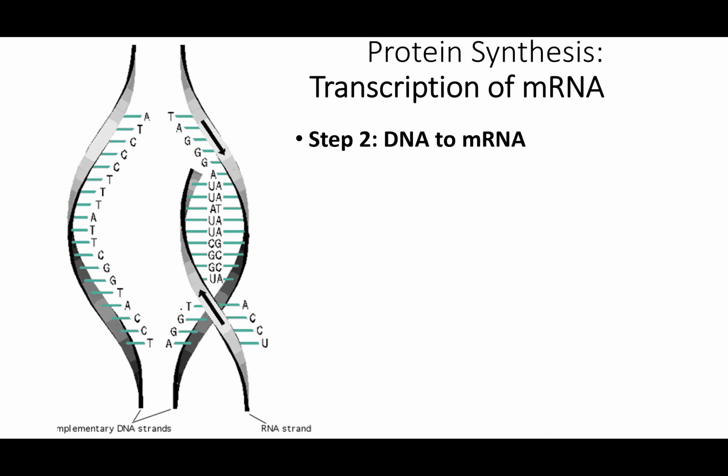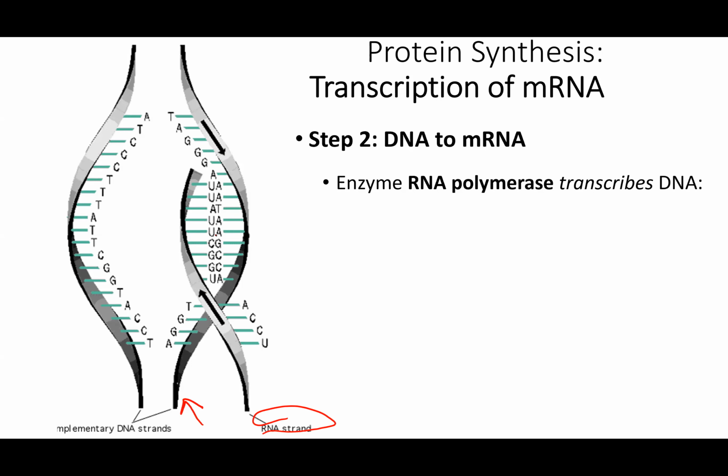The DNA strands, look over here, basically unzip. They're kind of like a zipper. So if you unzip it, you have those nucleotide bases that are free on either side. And you are able to form an mRNA strand, a complementary strand based off of that open DNA. So the enzyme RNA polymerase is what is responsible for transcribing DNA.